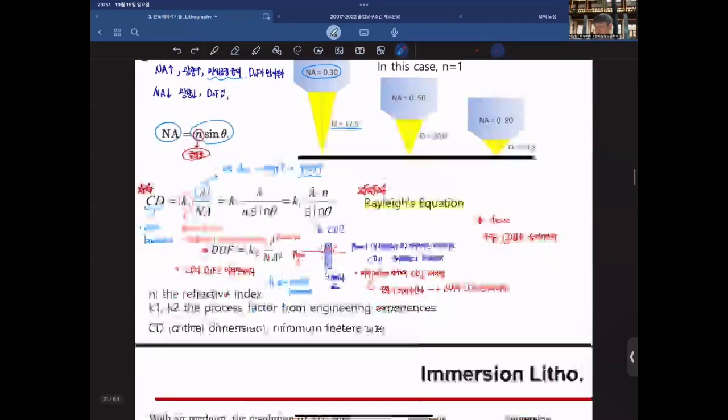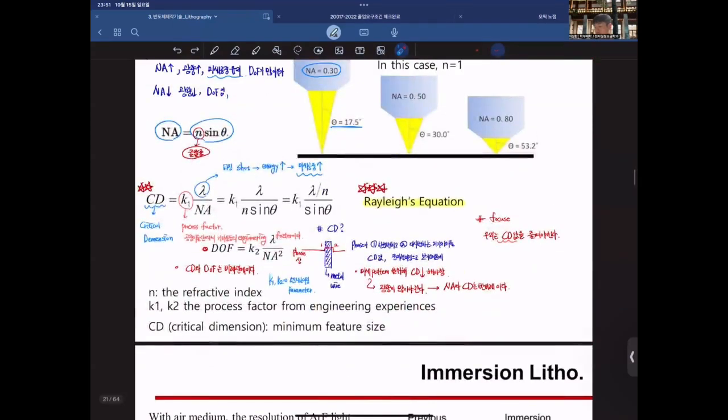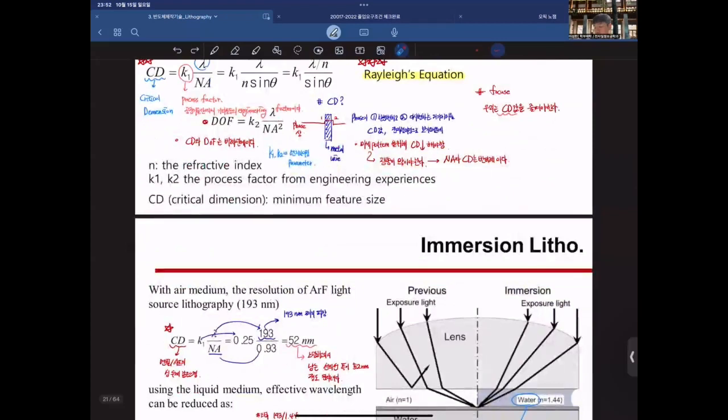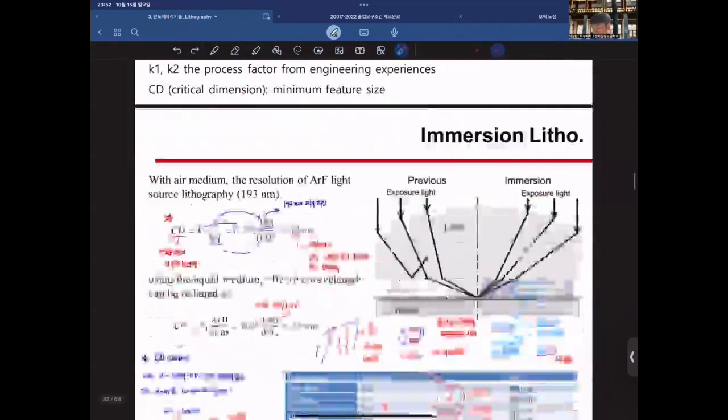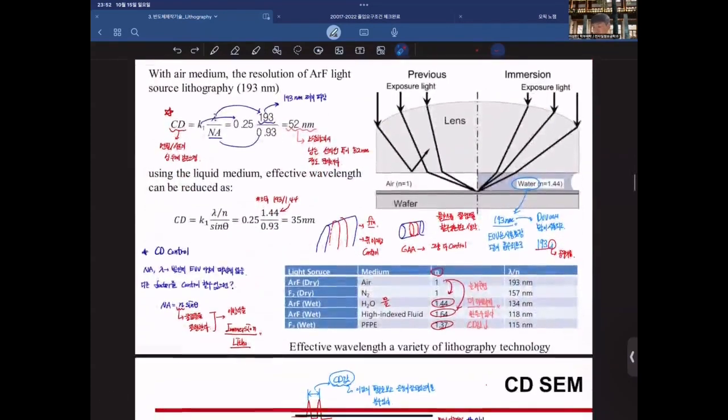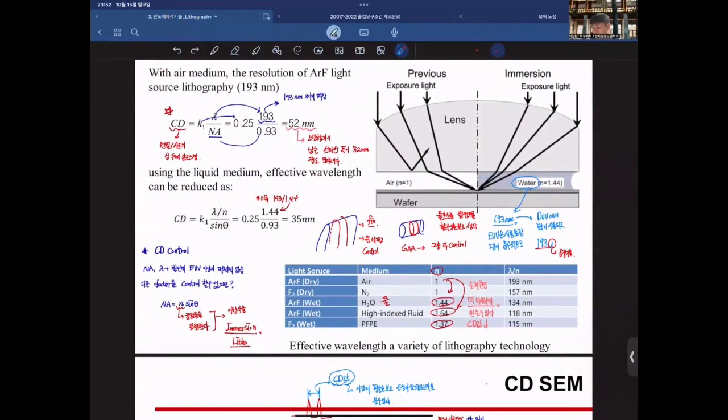CD means nearly we can make the draw in the picture. Then this line's width is the CD. So with a smaller CD, we can make a smaller semiconductor. So this is important to reduce the CD value.